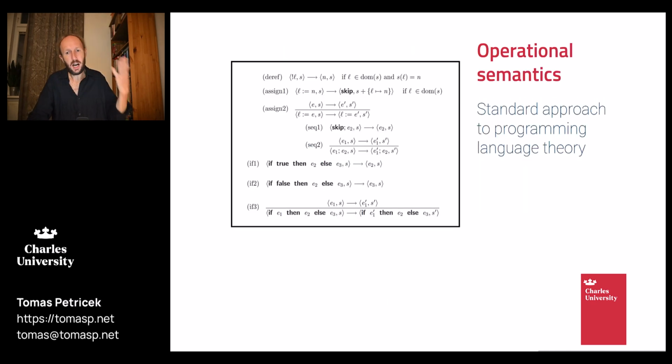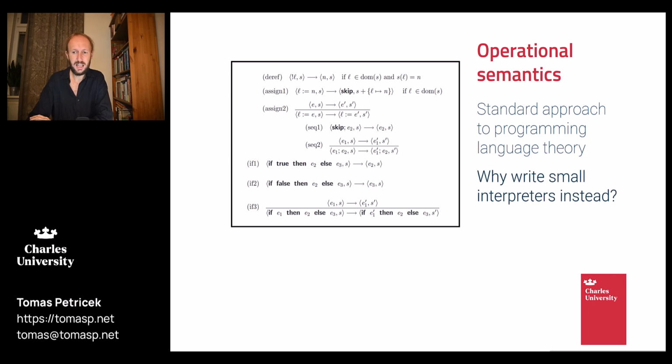And how do you describe these things? Well, in conventional programming language theory, people write operational semantics. So here's a bunch of rules, for example, that define how a small programming language evaluates. And this works very well on paper, as a standard way of defining the meaning of programs.